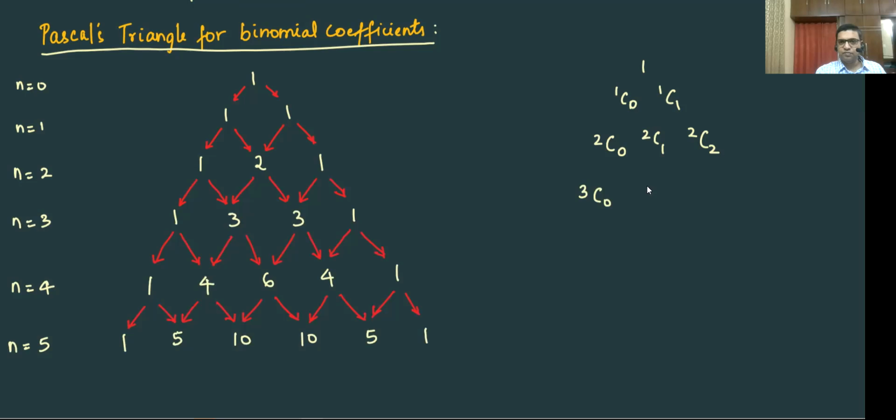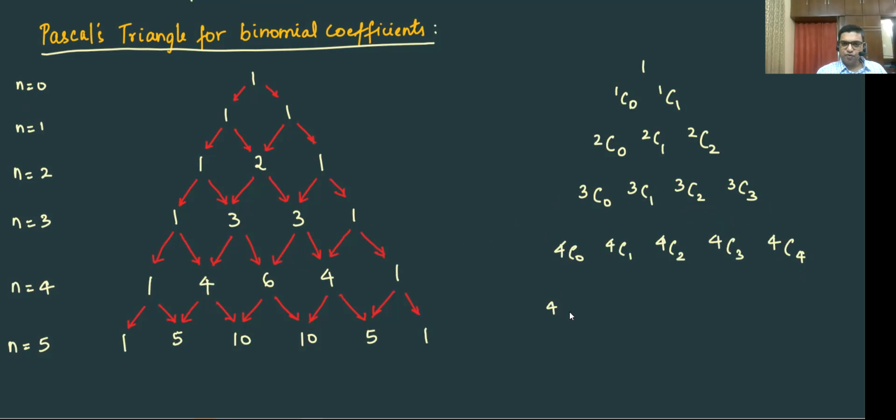Then we have 3C0, 3C1, 3C2, 3C3. So 1, 3, 3, 1. 3C1 is 3, 3C2 is 3. Then you have 4C0, 4C1, 4C2, 4C3, 4C4.